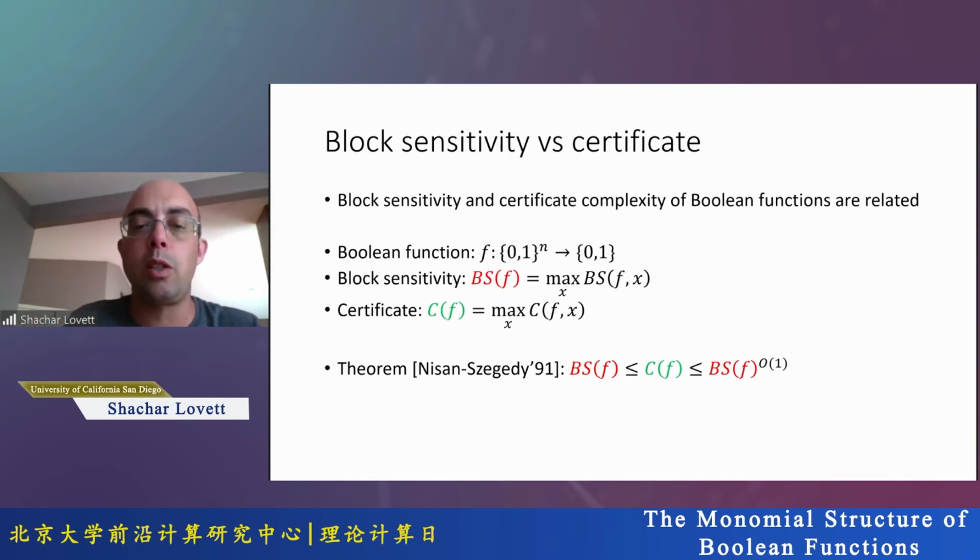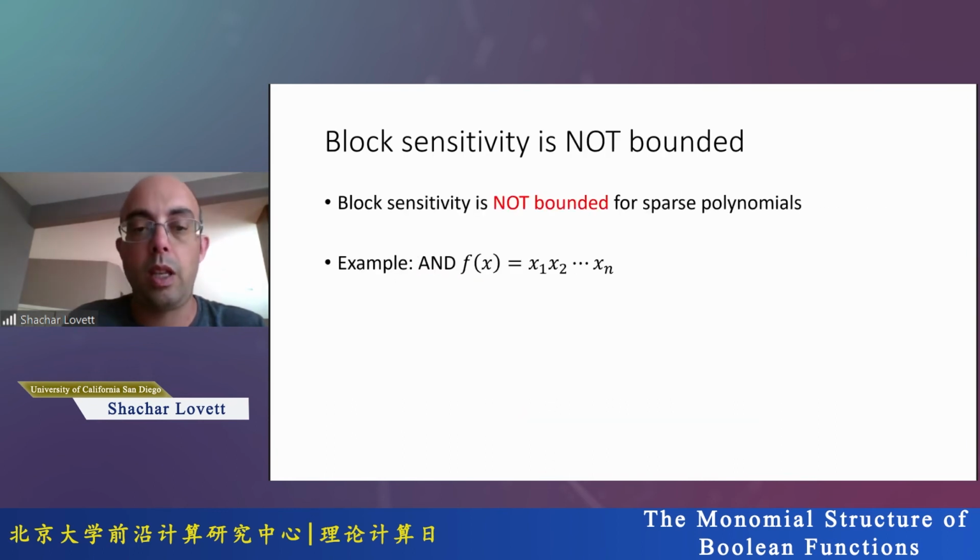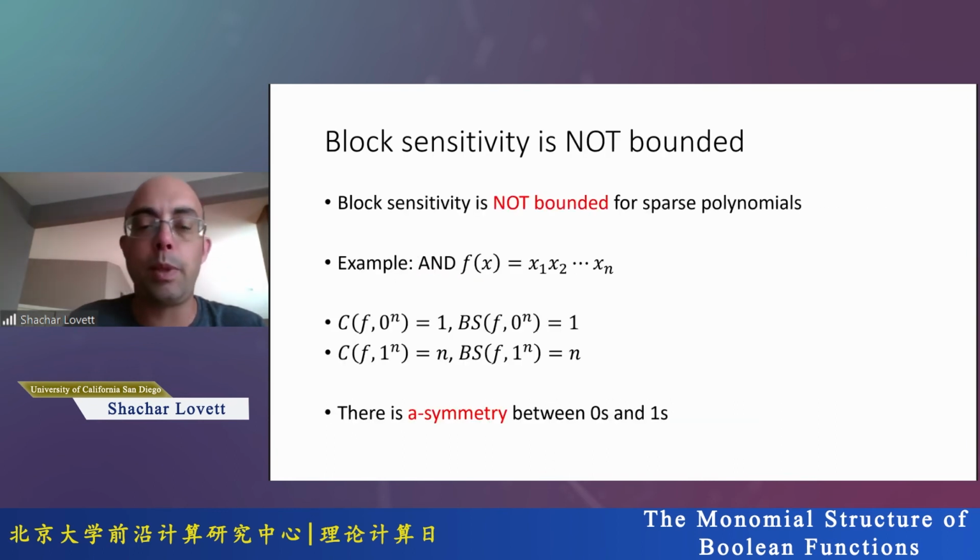And here what we care about is not the maximum, but the value at zero. But it turns out that you can build examples showing that, like even the AND function, its block sensitivity at the all zero input is really low, but at the all one input is very big. So in our case, we can't look at all inputs. We have to give preference to zeros versus ones. So there's some asymmetry here.